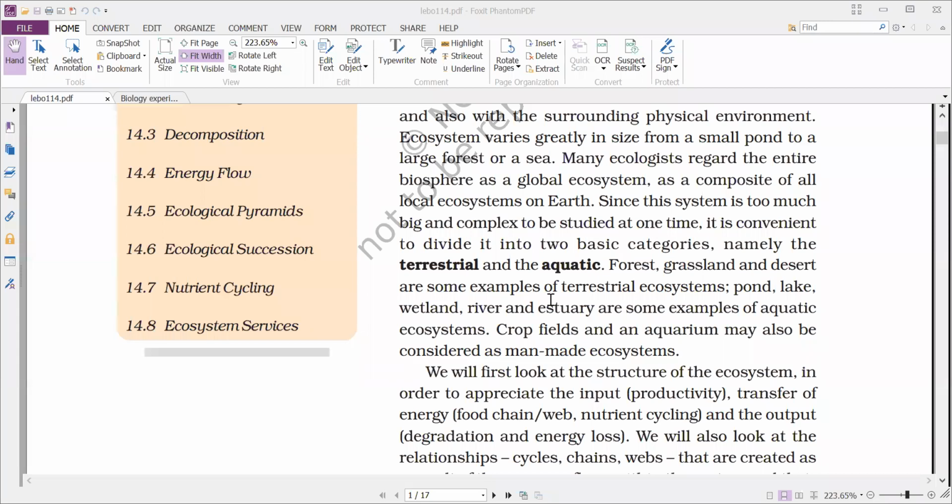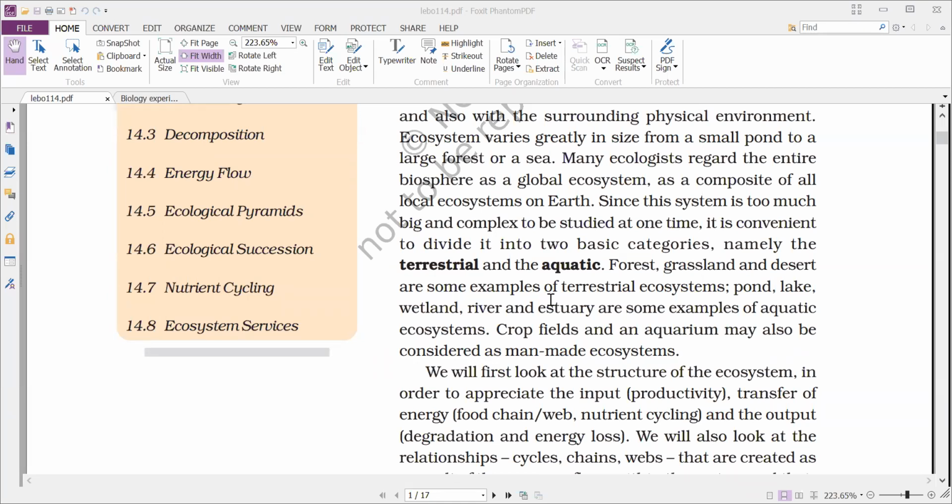And next, pond, lake, wetland, river, estuary. Pond we know, lake we know. Wetlands means regularly the water is coming and going, like seashores or banks of the rivers, we can call them wetlands.